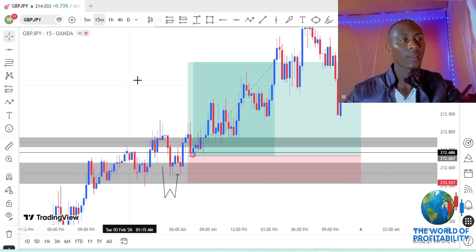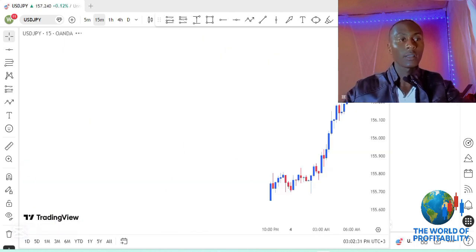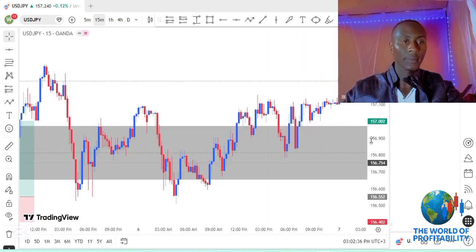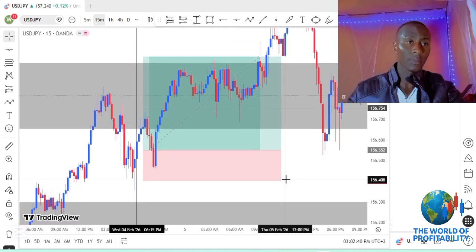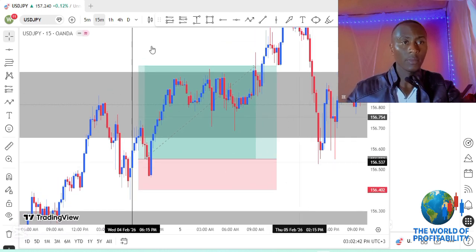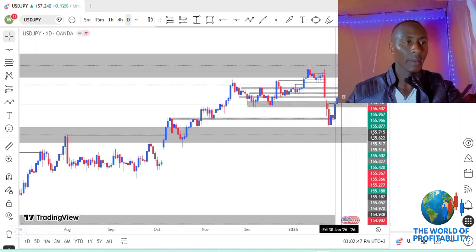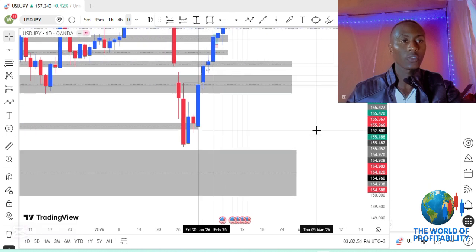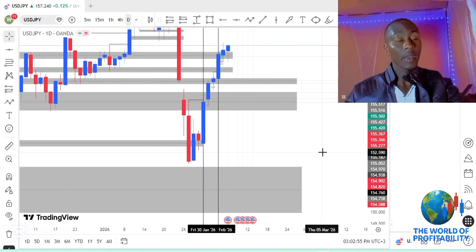So moving on to the next trade, which was a UJ trade, which is reflecting on 5%ers. I took this trade on Wednesday, February. I usually go to the daily time frame and identify my buyers. I get my buyers from several concepts as usual, maybe marking my support areas, my order blocks, and so on.